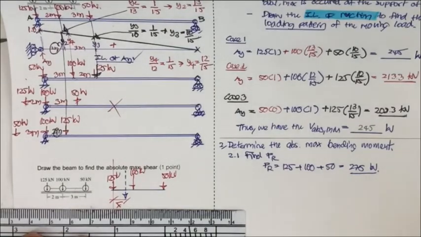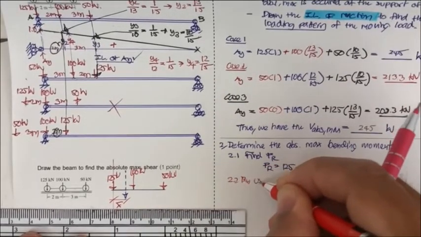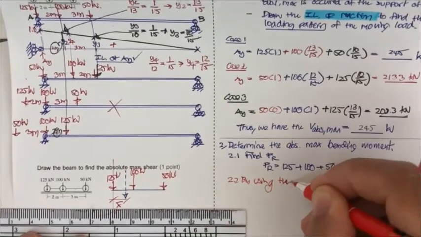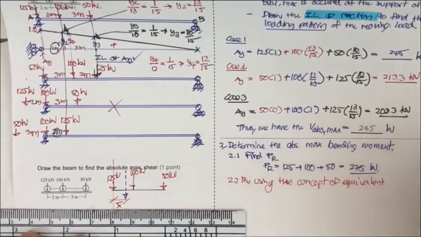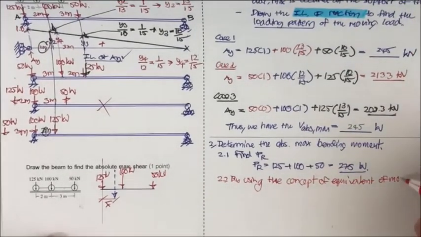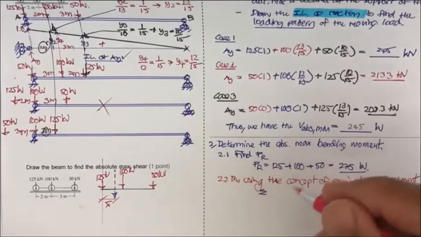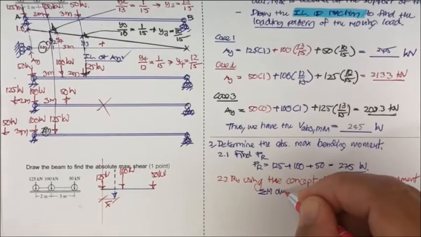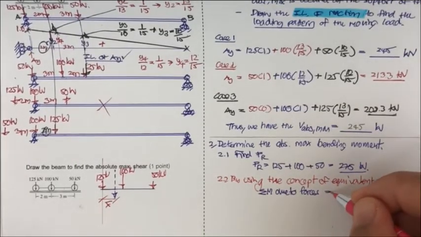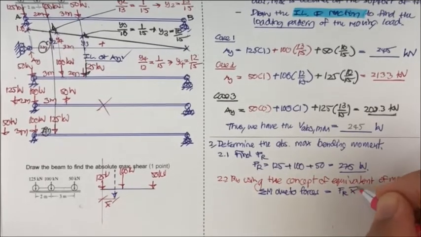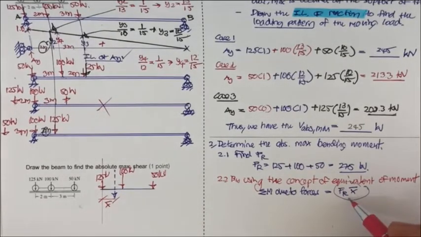So by using the concept of equivalent of moment, 2.2, we will have the summation of moment due to forces or loading equal to F sub R times X bar, or equal to the moment of the resultant force.